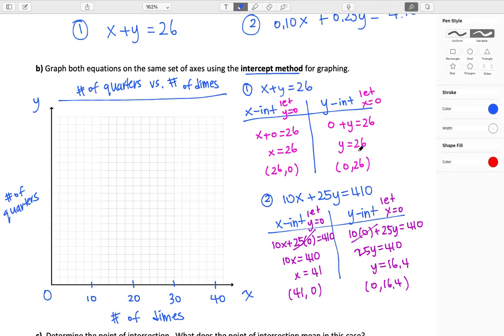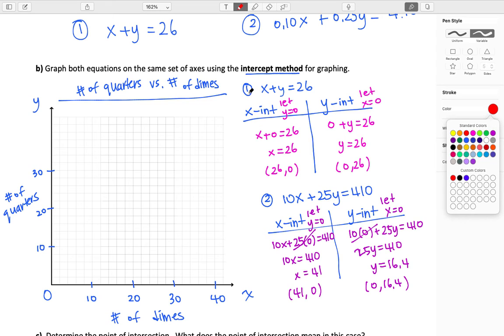Now for the y values, I have numbers that are going from 26 to 16.4. So same thing, I'm going to let every 5 spaces be 10. 20, 30. Okay, now let's plot the points.